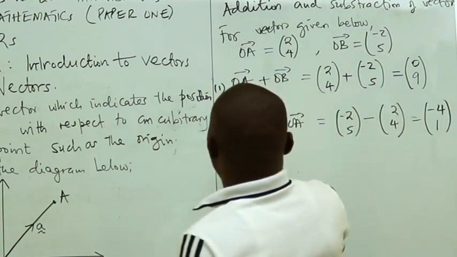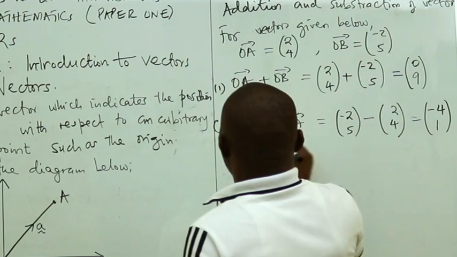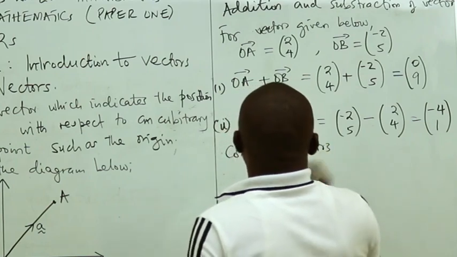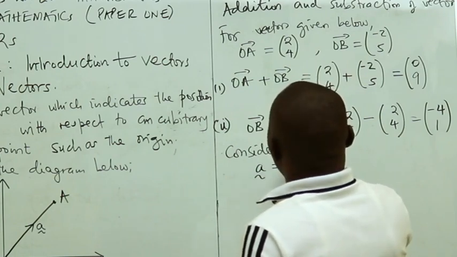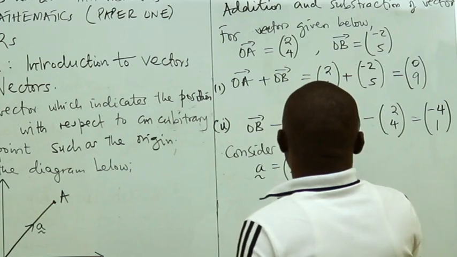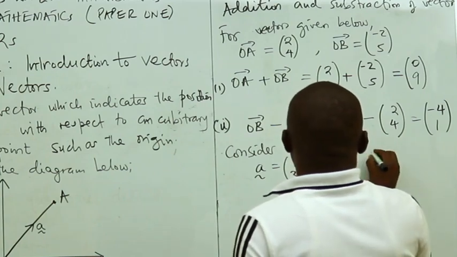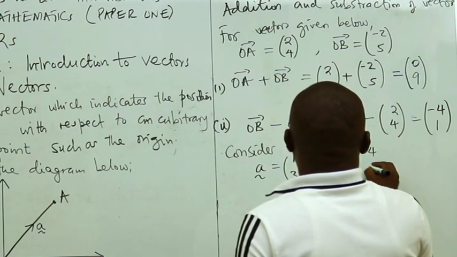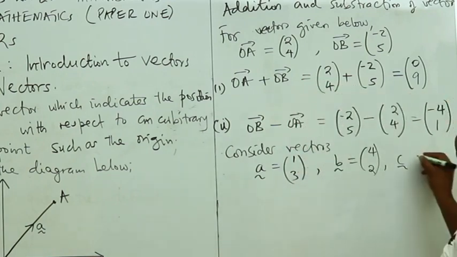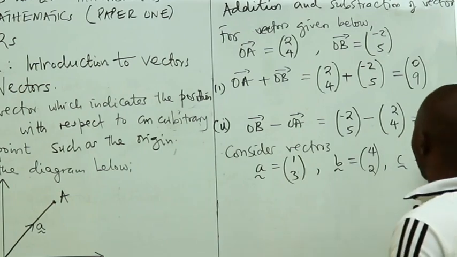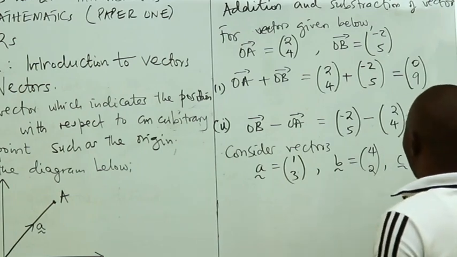If we consider vectors A, which is 1, 3, and B, which is 4, 2, then C, which is 5, -1.